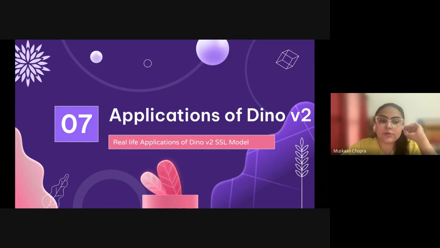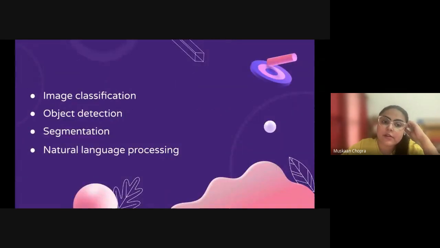Applications of DINOv2. How can DINOv2 be applied in real life? It can be used to train classifiers that can identify objects in images. This can be used for a variety of tasks such as facial recognition, biometrics, object detection, and image search on search engines. DINOv2 can be used to train object detectors that can identify and localize objects in images.